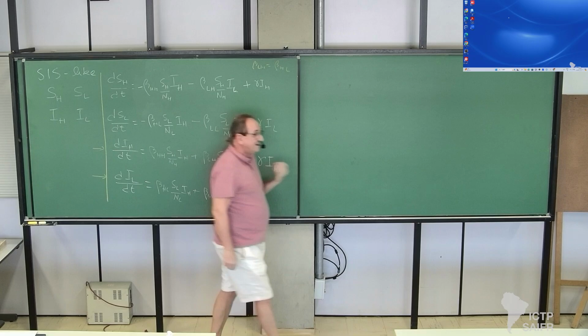Let me just mention that this procedure can be used in many actual problems. Many problems in epidemics have this kind of structure. You have the disease compartments. Here we have only two, infected high risk and infected low risk.